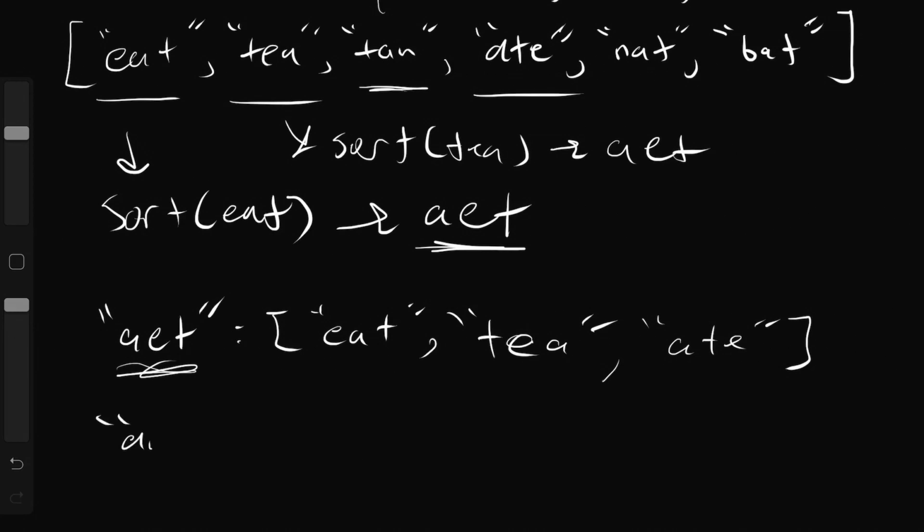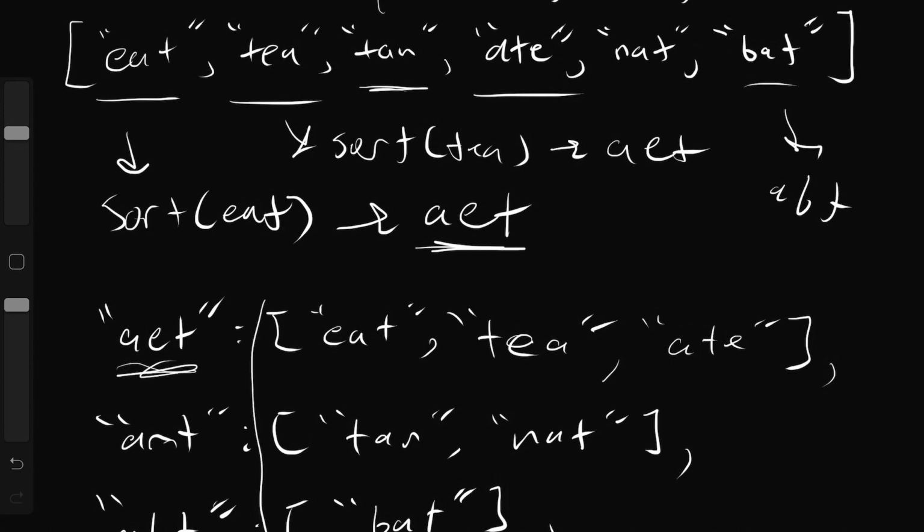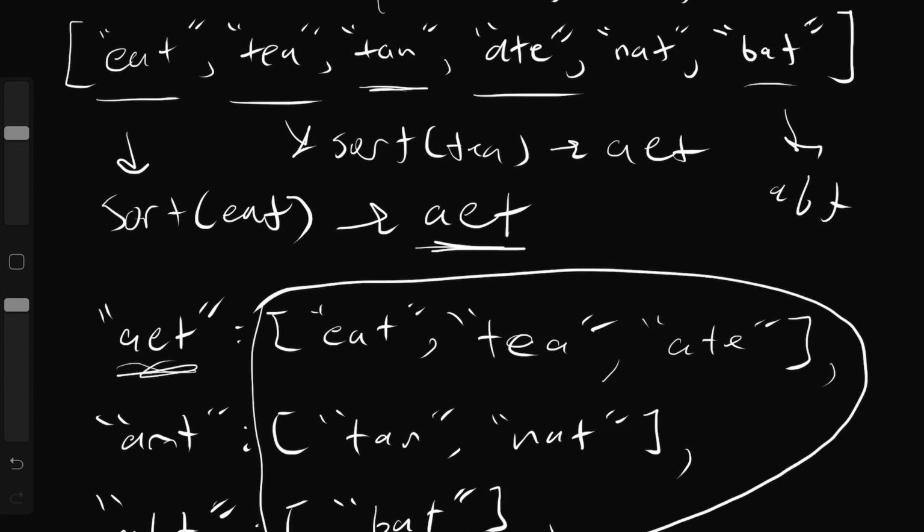So that'll be our other key. And as we already know, there's tan, and then also nat, which sorts to the same value. And then finally we have bat, which will return ABT, because it's sorted. And since there's no other ABT that we encounter, the answer right here is just bat. And so after everything's said and done, we'll return just these values in a list.